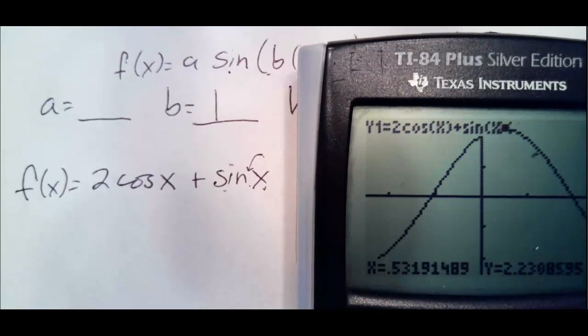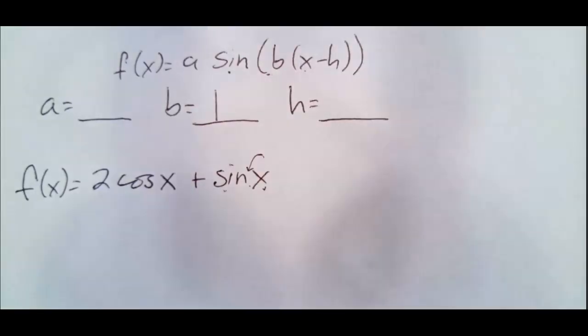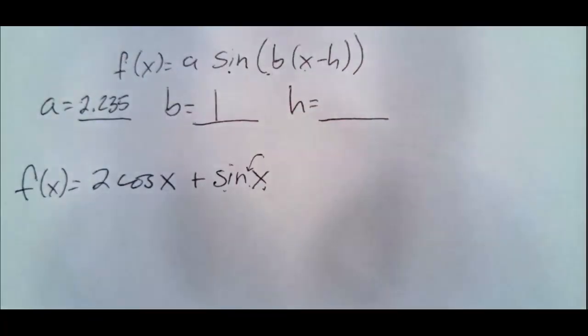So I'm going to look at my Y. See, it's going back down. 23.0, 23.5. So it looks like 2.23 or 2.235 or 2.24. So anything in that area. Okay, and that would be your amplitude.